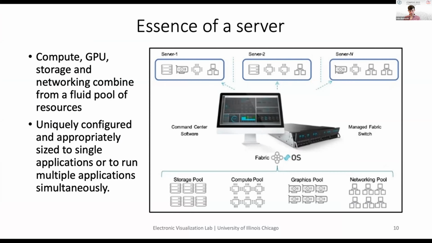And so we can uniquely configure and size each of these servers to the application or to our container workload that we're expecting. Or even to run multiple applications simultaneously. If some users need CPUs and others need GPUs, right, we can co-locate those users on the one server.